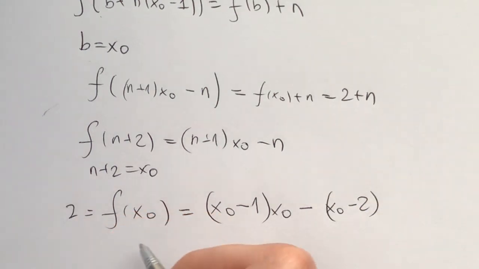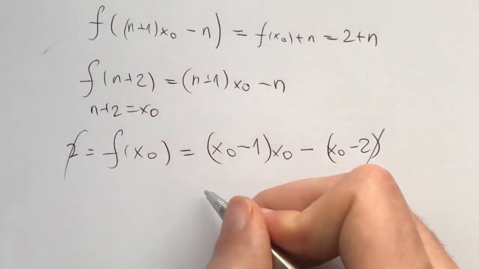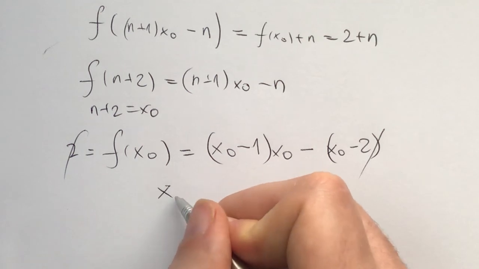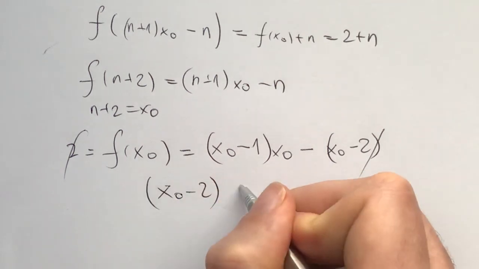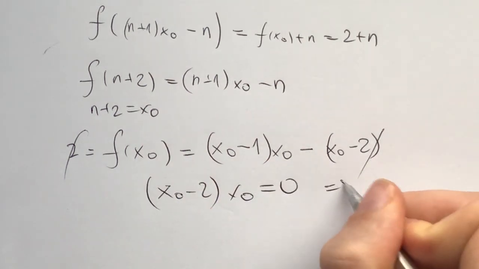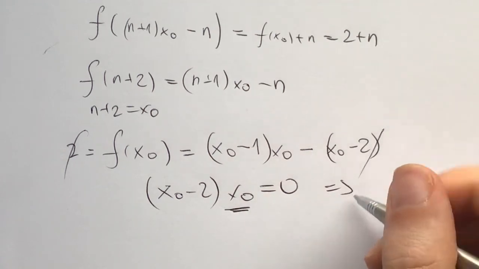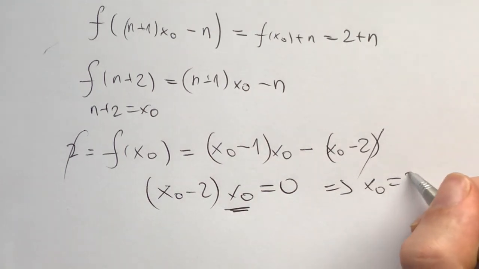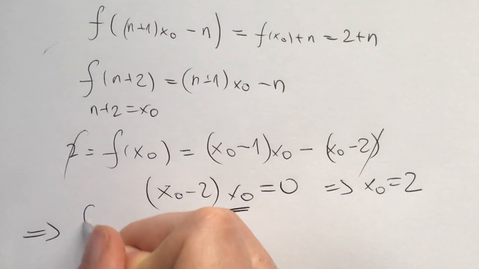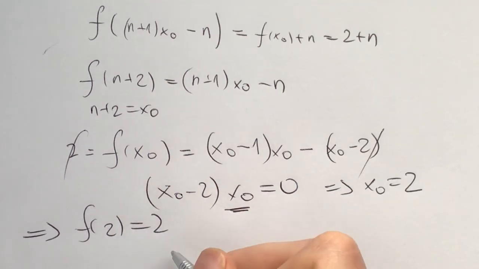This thing is equal to 2. The 2's cancel out. And what we are left with is x0 minus 2 times x0 is 0, which implies, because we are in the positive integers, that x0 is equal to 2, i.e. f of 2 is equal to 2.